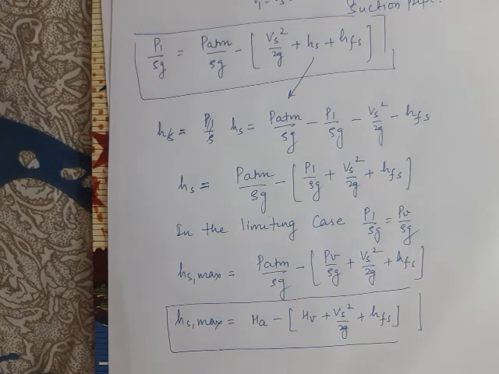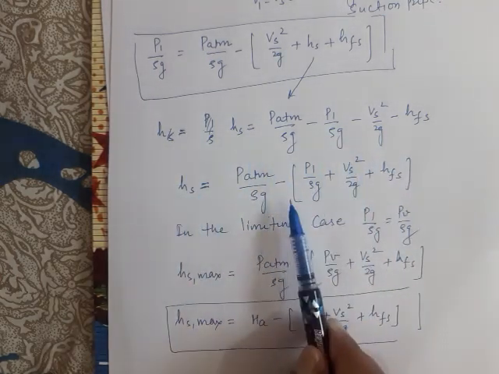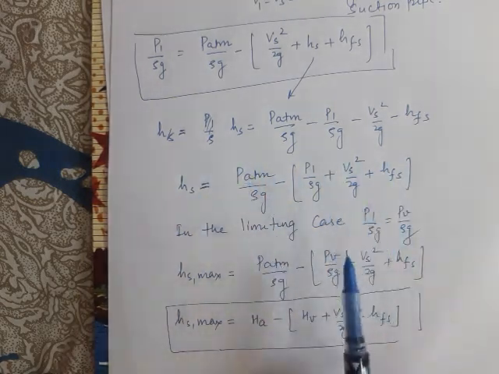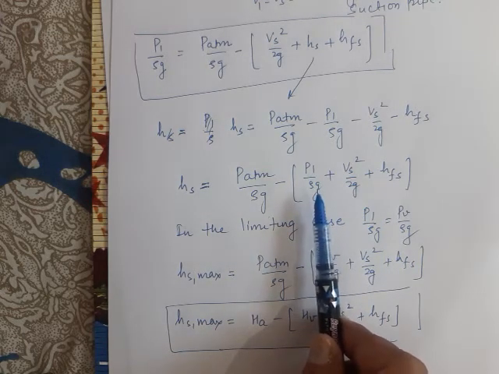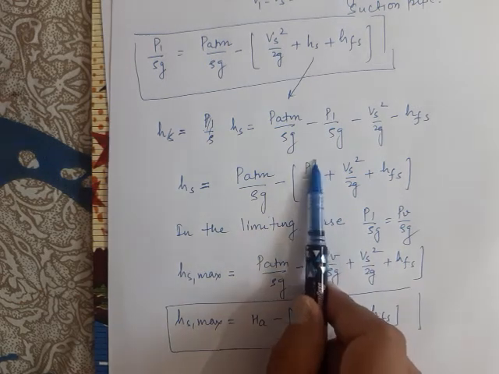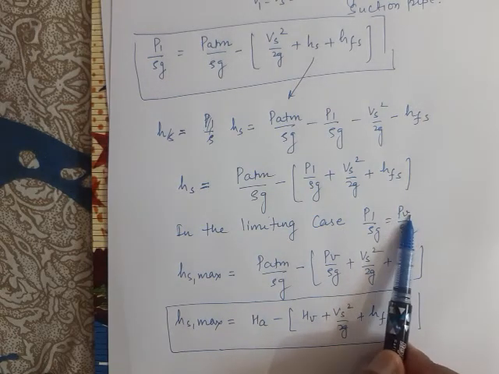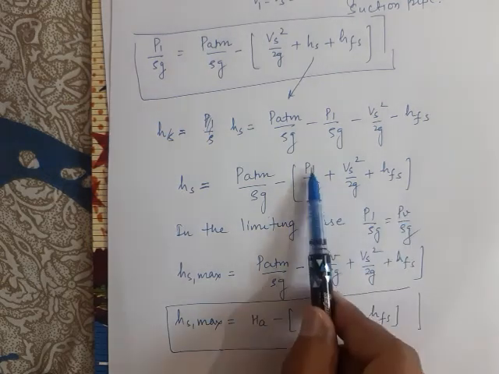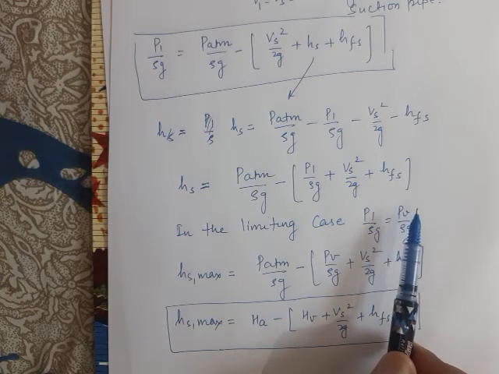Please note, up to this point I have simply applied Bernoulli's equation between point A and 1, and this expression has been derived. Again, in order to ensure cavitation-free operation of the centrifugal pump, the minimum value of P1 can be equal to the vapor pressure of the liquid at the working temperature, because if P1 falls below the vapor pressure at the working temperature, vaporization of the liquid will take place.